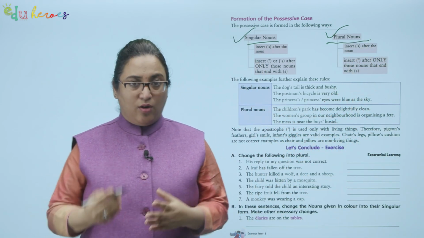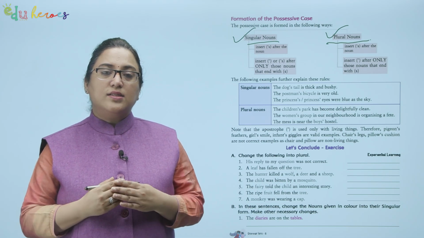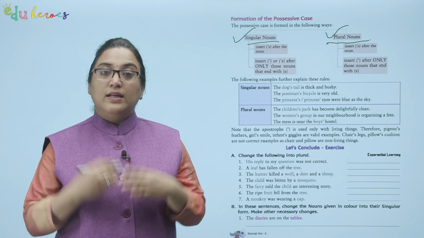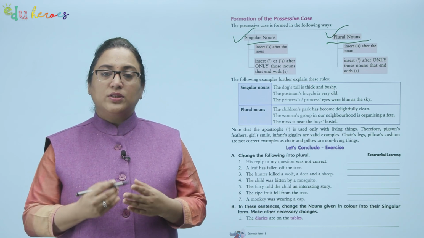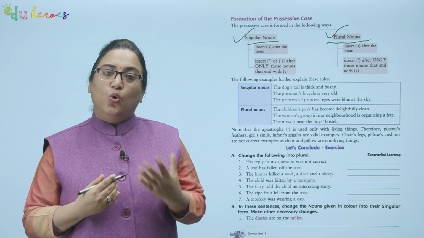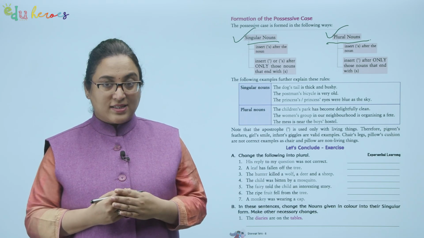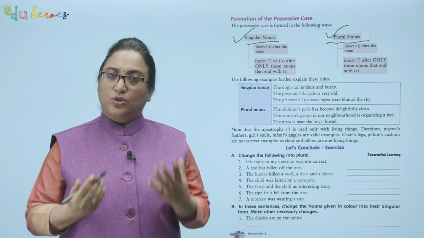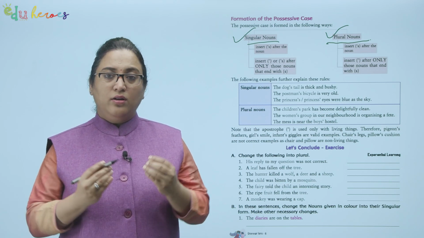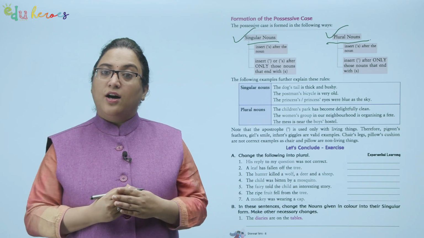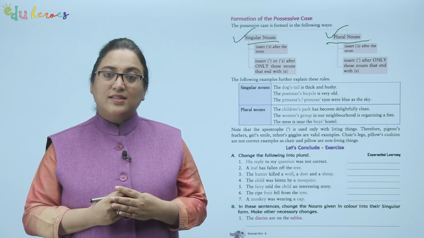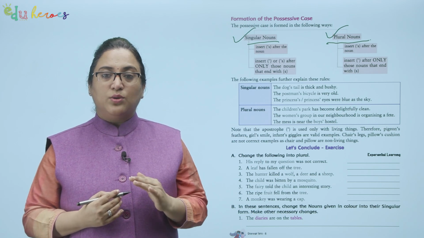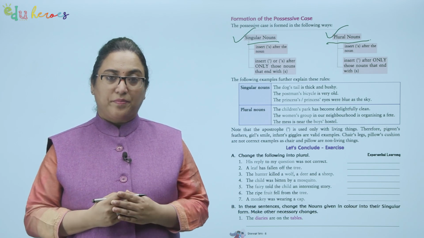When we have singular nouns, then we just insert apostrophe and s after the noun, or insert apostrophe or apostrophe s after only those nouns that end with s. Whereas when we have plural nouns, then what do we do? Insert apostrophe s after the noun and insert apostrophe after only those nouns that end with s. So there's a difference here.